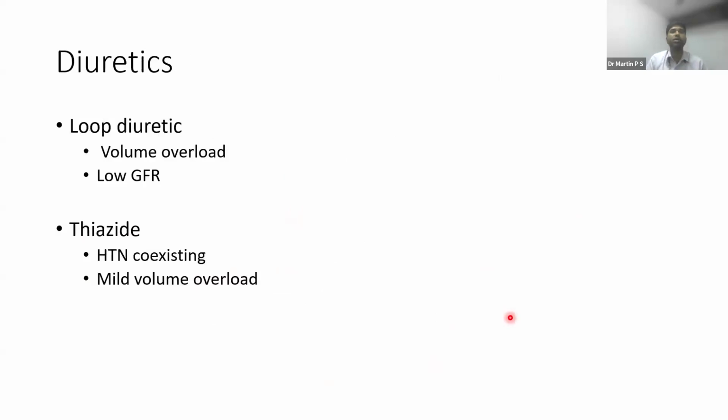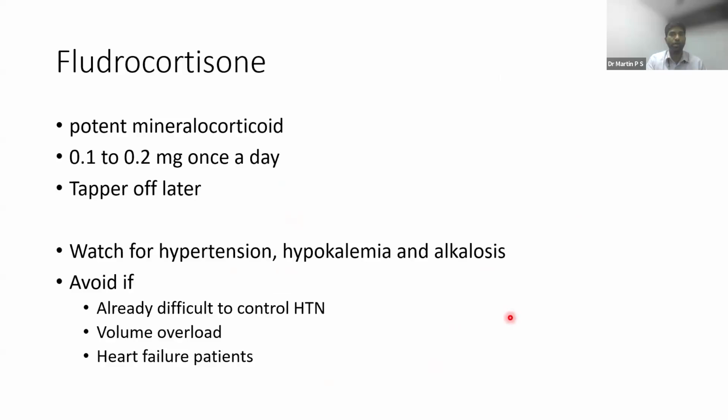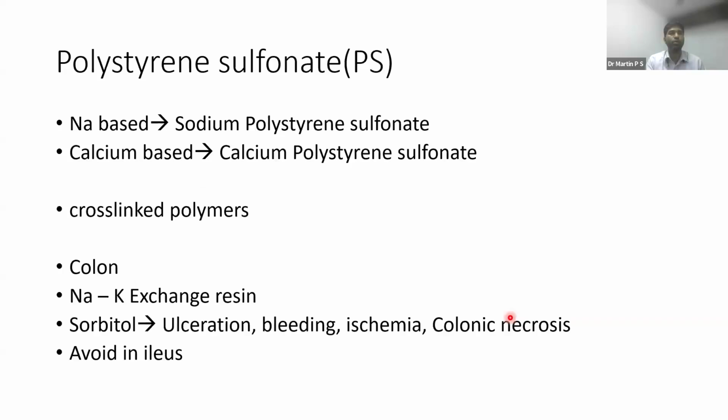Another thing that you can use, diuretics, loop diuretics can be used, thiazide diuretics can be used. Another way of controlling is fludrocortisone. Fludrocortisone, the problem is it can give rise to hypertension, hypokalemia, and alkalosis, so it can be a problem.